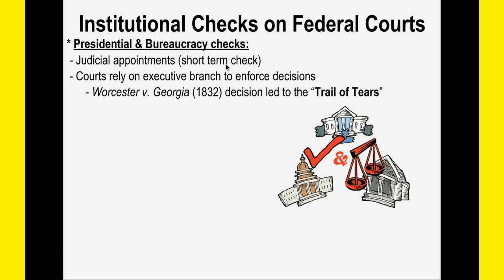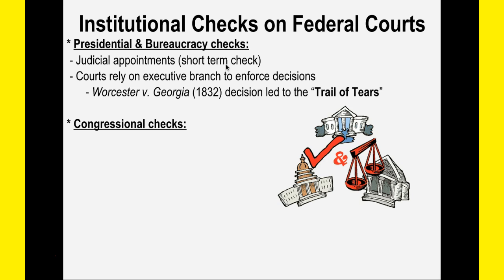This is one of John Marshall's last decisions, and this is what led to the sad Trail of Tears incident, where the Cherokee Indians were not happy that people were taking their land, and Marshall said that the government had no right to take the Native Americans' land, and Andrew Jackson pretty much just ignored it and told the Supreme Court, you've made your decision, now try to enforce it. And without the executive branch to follow through with court decisions, the court doesn't have a police, it doesn't have an army to make sure that people follow through.